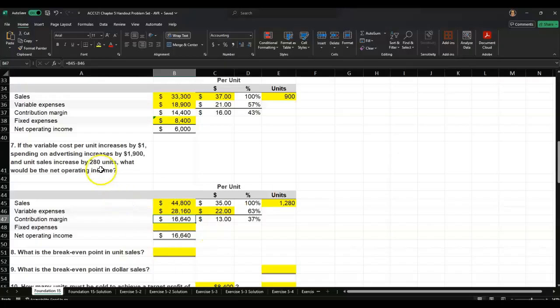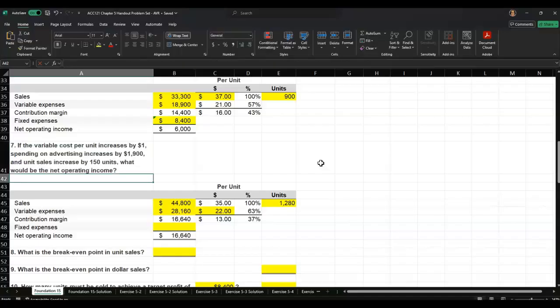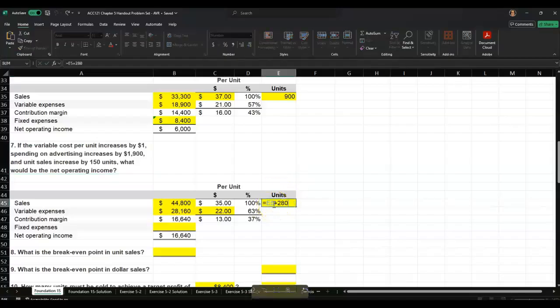I know what I did. Sorry, hang on. This is always one of those things. I'm going to have to get you to switch this for me. To follow this one correctly, it's an increase of 150 units. I forgot to change that when I changed my... There we go.